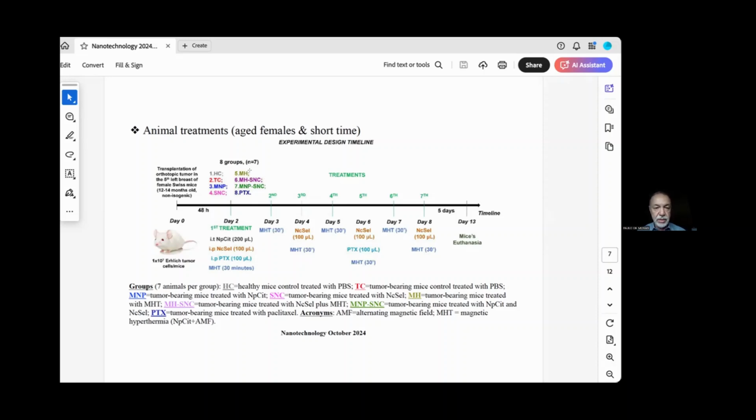It's important to mention that the magnetic hyperthermia treatment is performed with nanocapsules including selenium and magnetic nanoparticles.